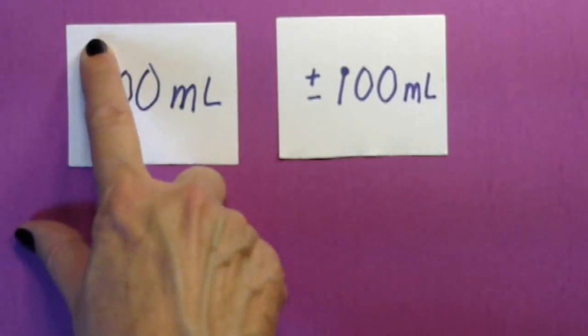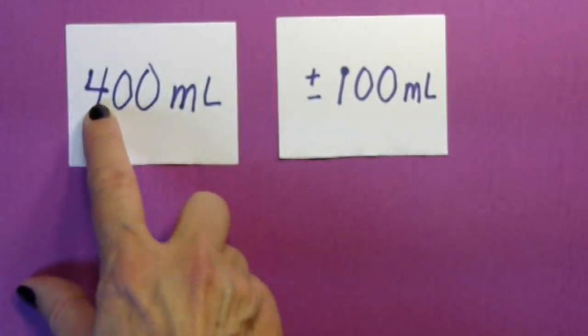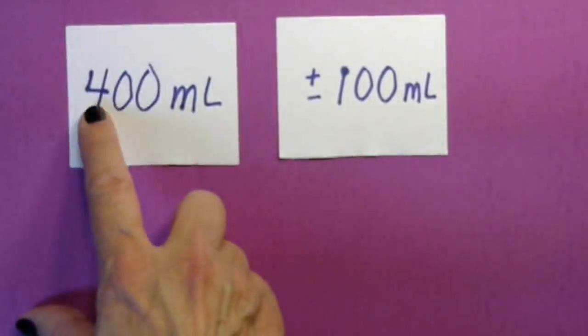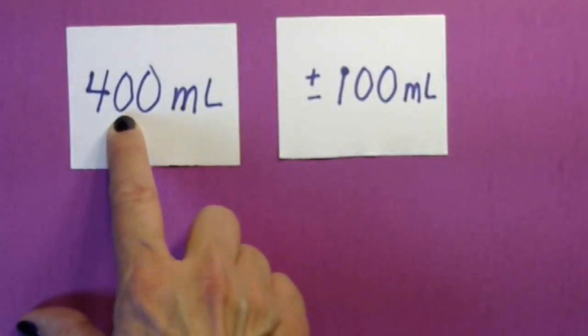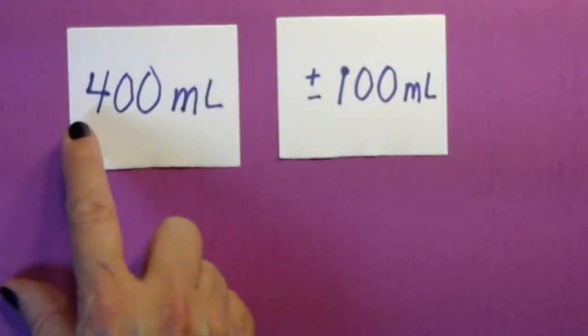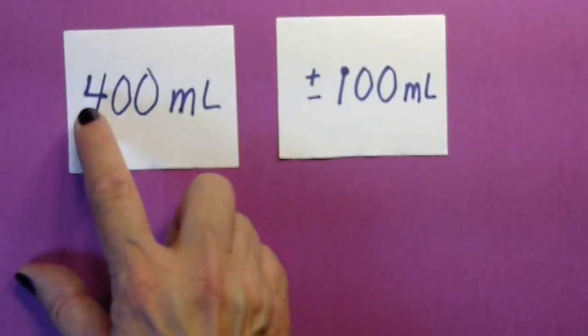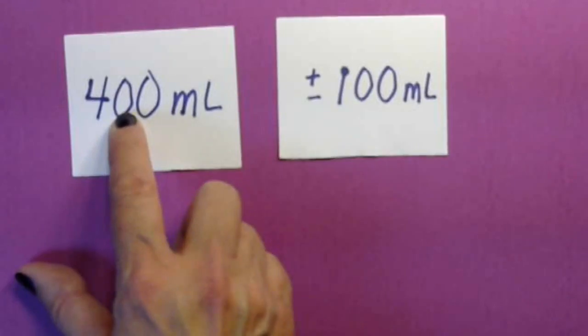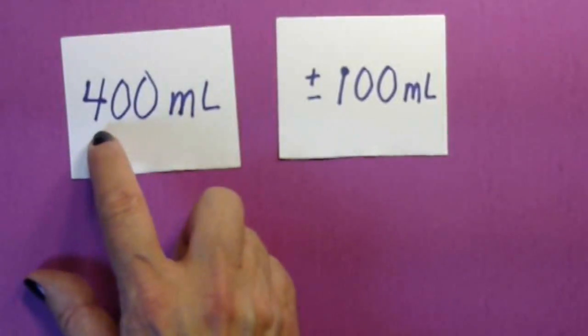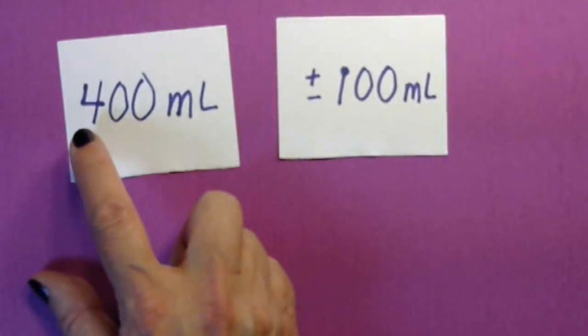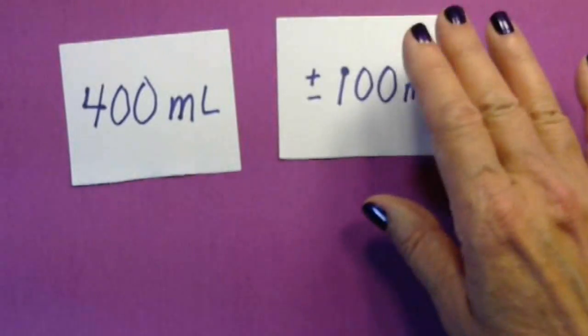So I am uncertain about this number here. So if I'm uncertain about this number, it has some significance, but this 0 does not, this 0 does not. So this only has one significant figure, and that's the 4. If I'm not quite sure about the 4, there's no way this has any meaning except to hold a place. So this has one significant figure.